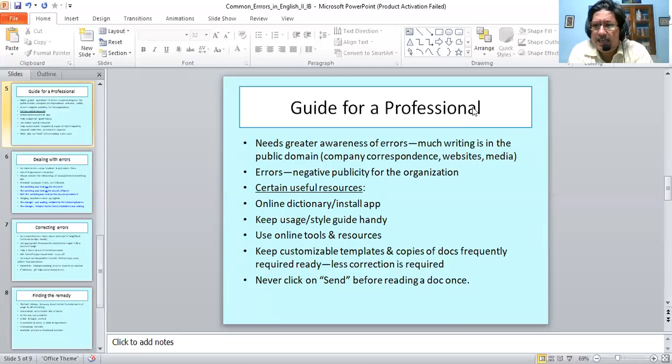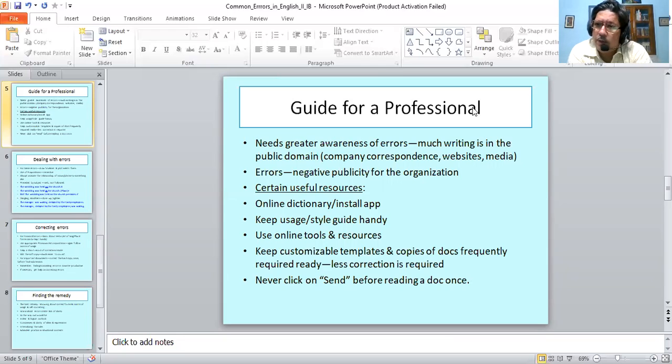Also, a usage or style guide can be kept handy. There are different online tools and resources, grammar checkers, spell checkers, various other resources. One can refer to them from time to time. Also, what is useful is that in order not to waste too much of time on proofreading and correcting for errors, one can keep customizable templates and copies of documents which are frequently required ready and serviceable at one's fingertips, rather.